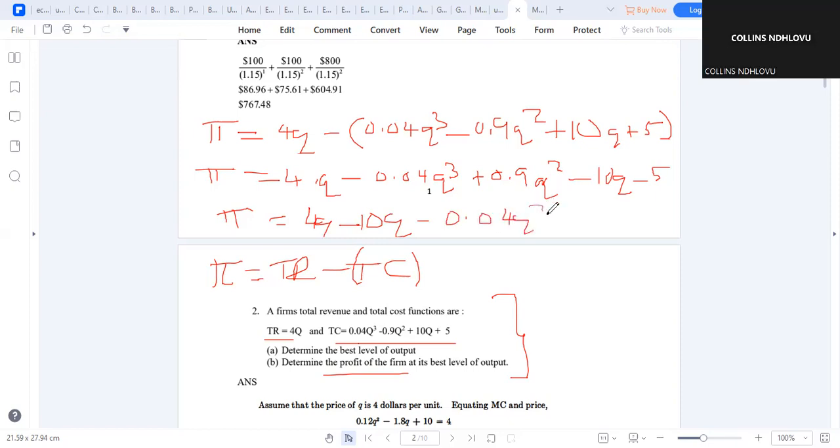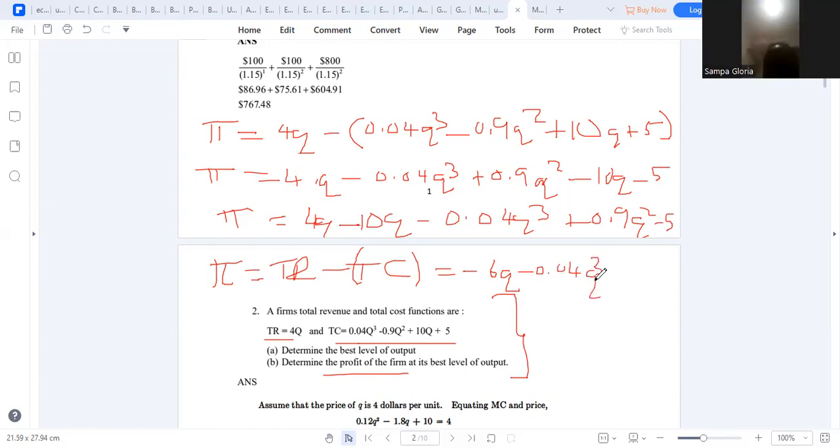Then we're going to have minus 0.04 q to the power 3, plus 0.9 q squared, and 4q minus 10q becomes -6q.